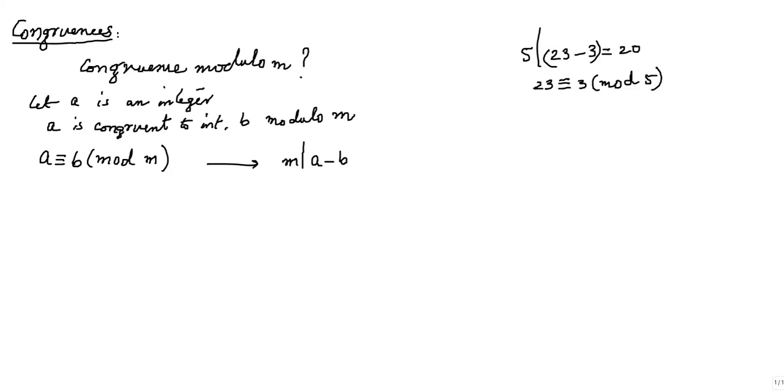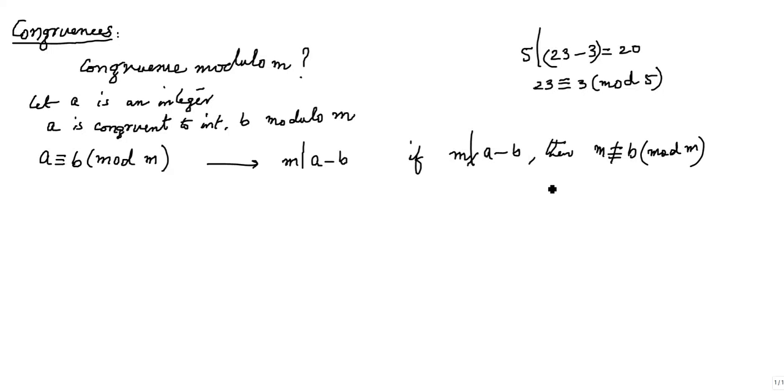So if m does not divide A minus B, then A is not congruent to B modulo m. Okay.